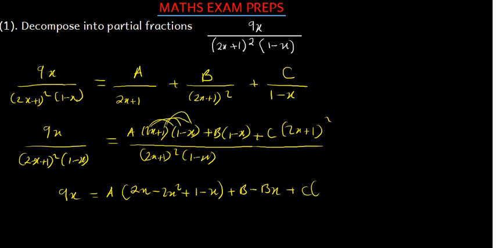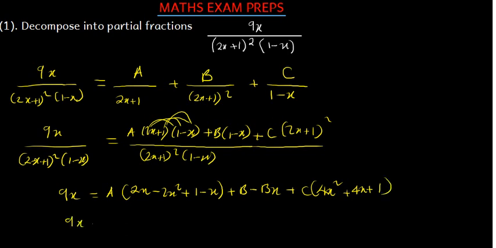We can expand this one: take the first term and square it, that is 4x squared, then 2 times this gives 4x, and then square the 1, that is just 1.